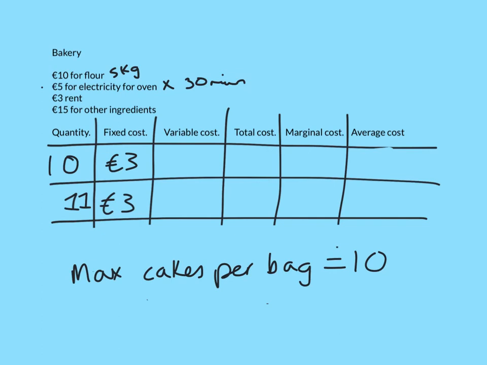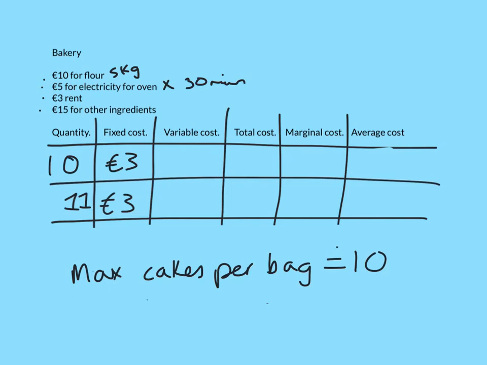Okay, so say for example, the maximum amount of cakes that could be made with this bag of flour and these ingredients was 10, okay? And so our fixed cost is the same, €3 rent. We said that every cake takes 30 minutes to bake, and it's €5 per half hour for electricity.